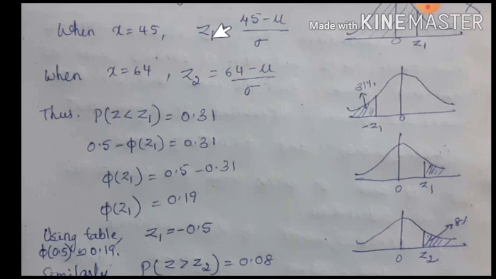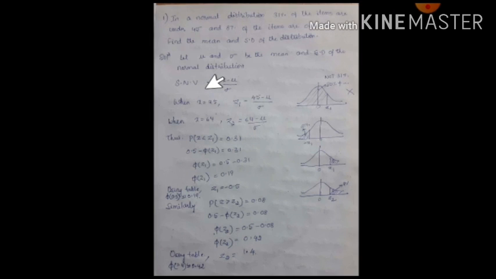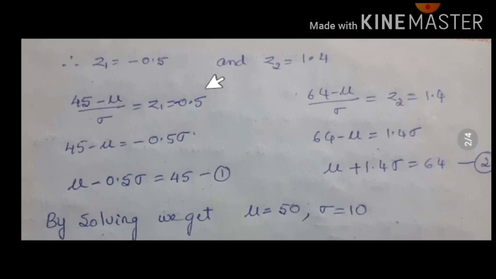Now substitute these z1 and z2 values in this equation. So (45 minus mu) by sigma is z1. Substitute z1 as minus 0.5 and simplify the equation. Sigma comes to the right side, so minus 0.5 sigma, and 45 minus mu as it is.